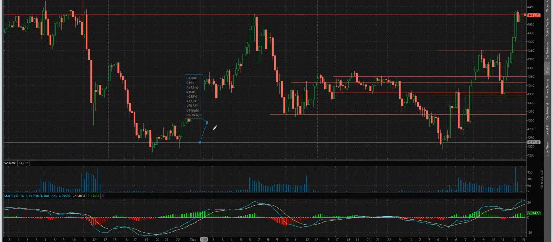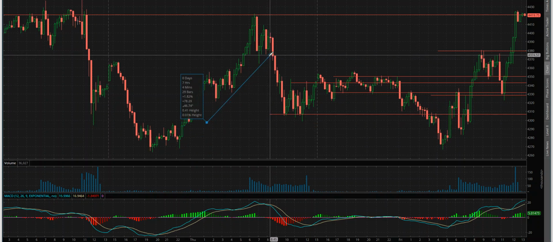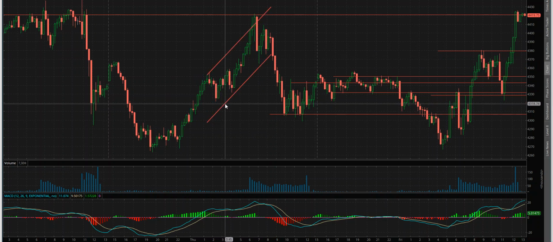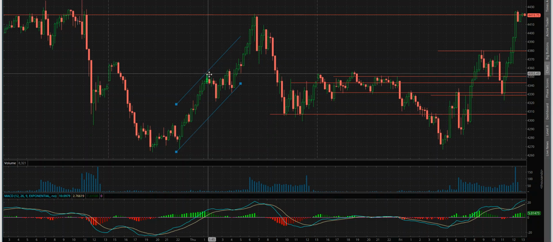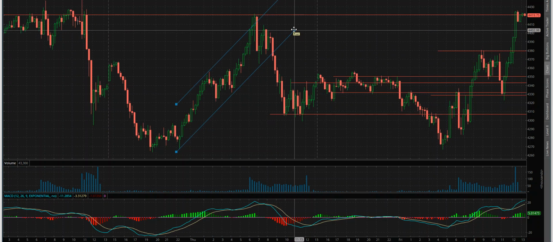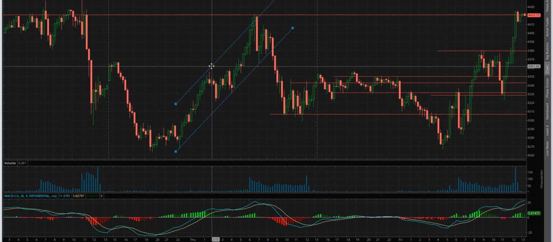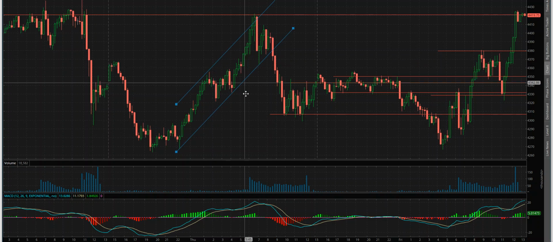So what you can do is, this is a parallel trend line. So what you see here is, and what we can expect, right?